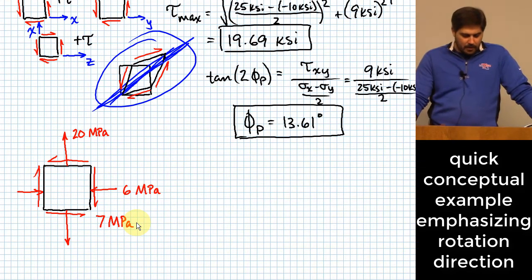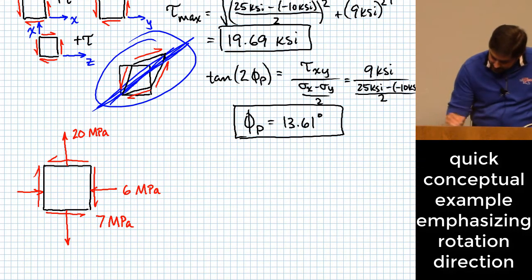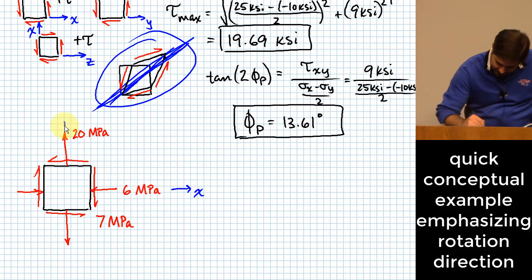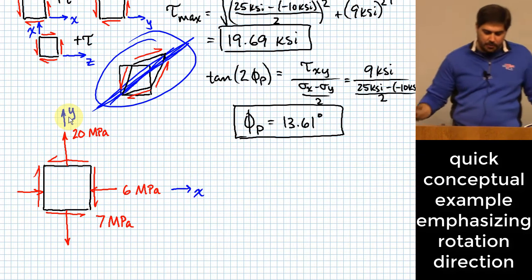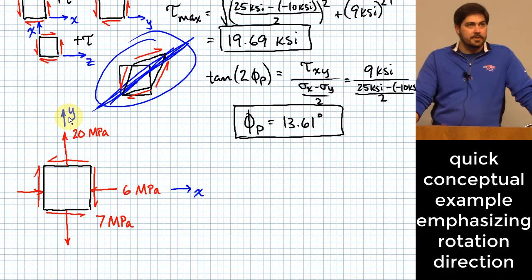Let's say this was x and this is y. What direction would I have to rotate my coordinate axes to find my highest principal stress?